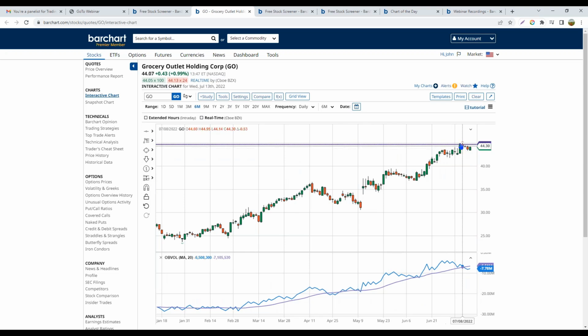I need to see us take out this high and see our unbalanced volume get above this value here. Until then, I'm not buying strength. Maybe I'll buy a dip on this one because I think it's definitely one of those recession-proof stocks. But if I'm already long this one, maybe this is where I use a little due diligence in terms of setting some kind of protection.